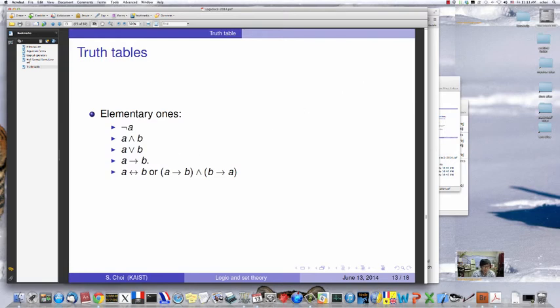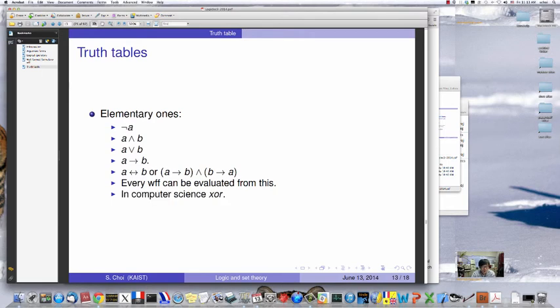The left-right arrow, the if-and-only-if operator, is equivalent to a combination of these, so it is not an elementary one. You only consider these four to be the elementary ones. Every well-formed formula can be evaluated if you know the truth tables of these four.